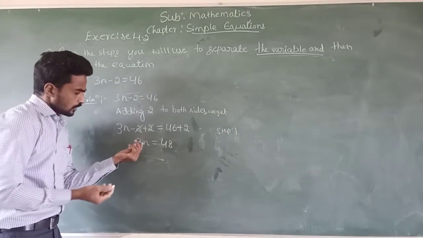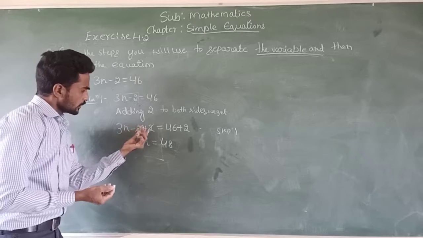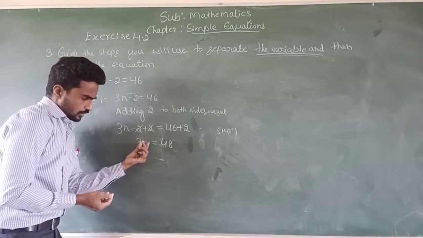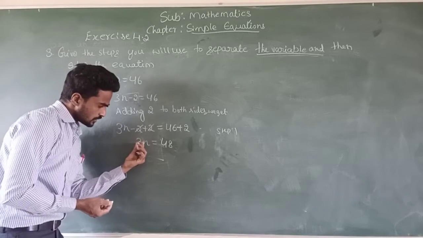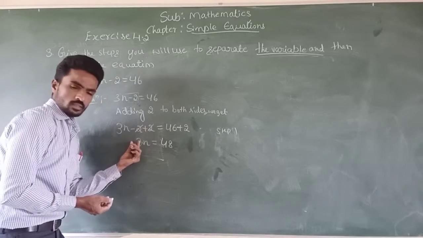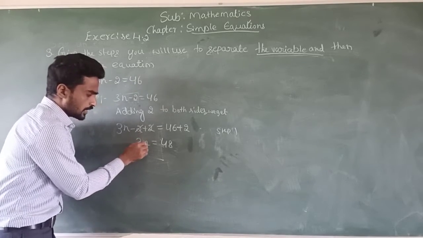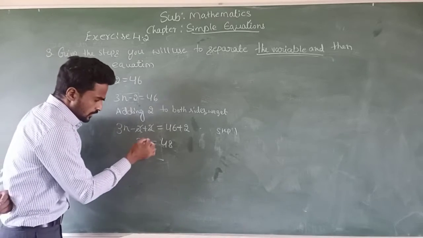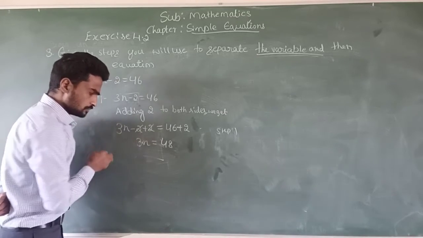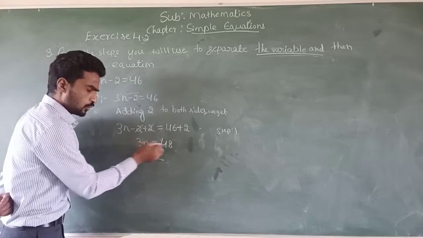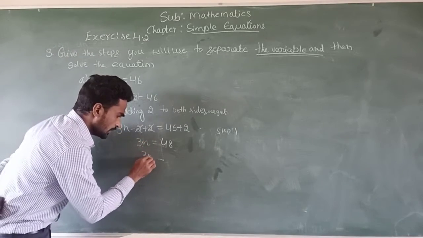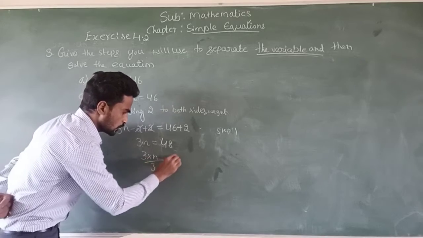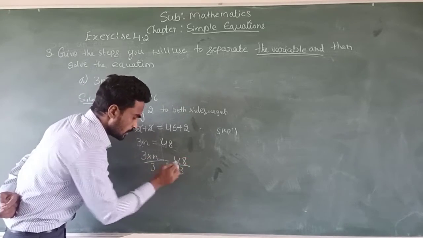Now we can separate n, but here 3 is there with n. We can separate this n from this 3. Here 3 is multiplied to n. By separating this n, we can divide both the terms by 3. 3 into n divided by 3 is equal to 48 divided by 3.